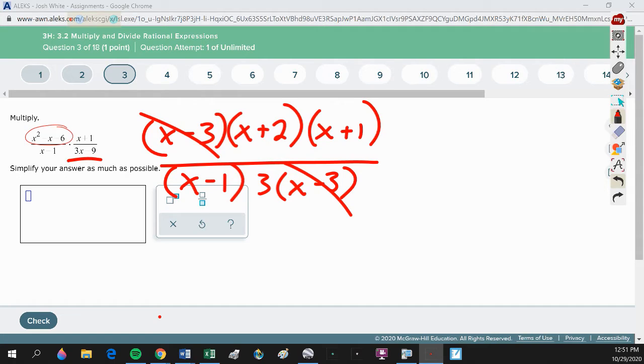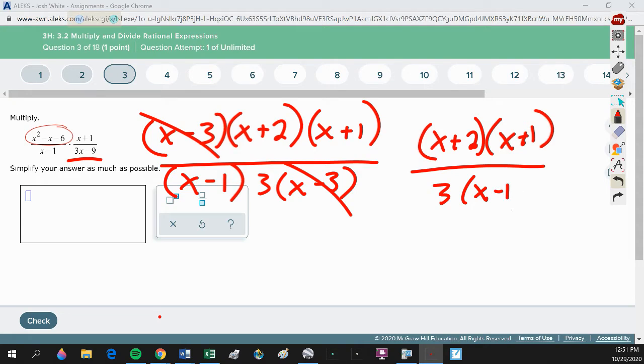So, the question is, how does it want the answer listed? And nobody really agrees on this. Should we leave the answer like this? Or should we leave the answer like this?